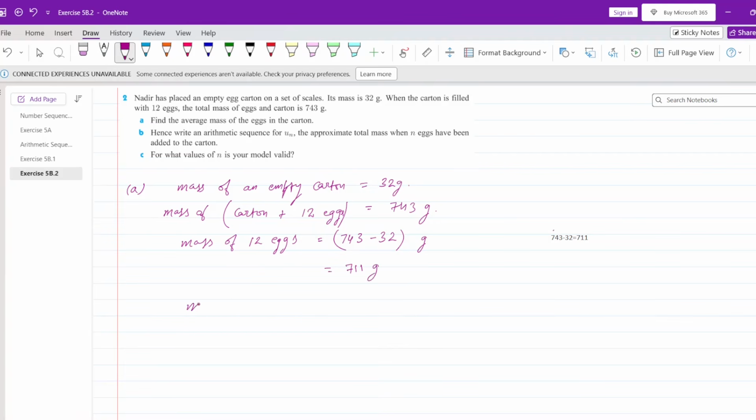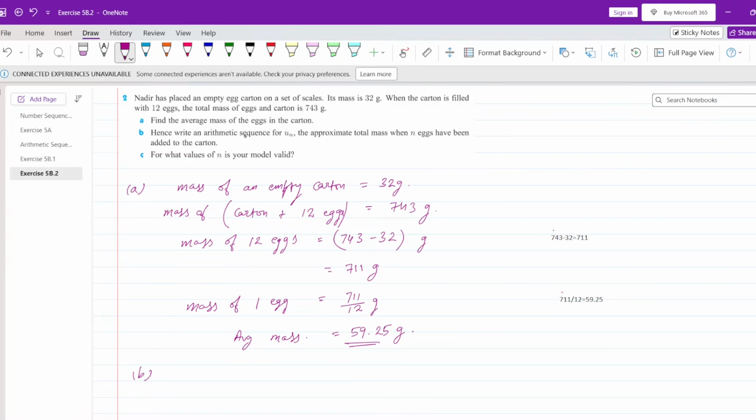Can we say the mass of one egg is going to be 711 divided by 12 grams? That is 59.25 grams. Find the average mass of the eggs in the carton. So this is the average mass.